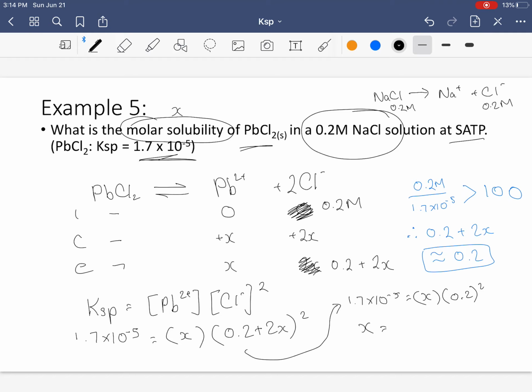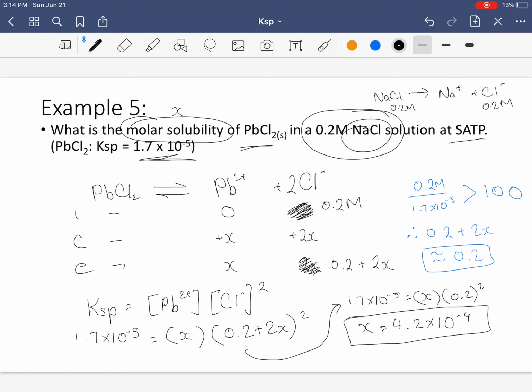I'm just going to skip everything because I kind of know the answer to be 4.2 times 10 to the power of -4. So that is the molar solubility of PbCl2 under the influence of NaCl.